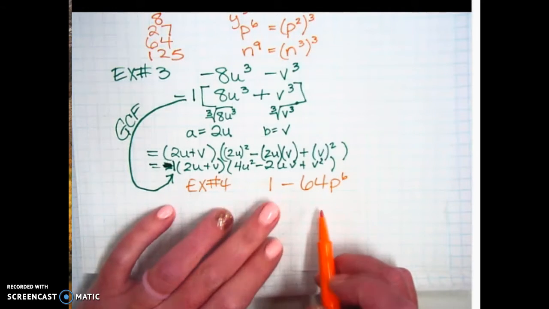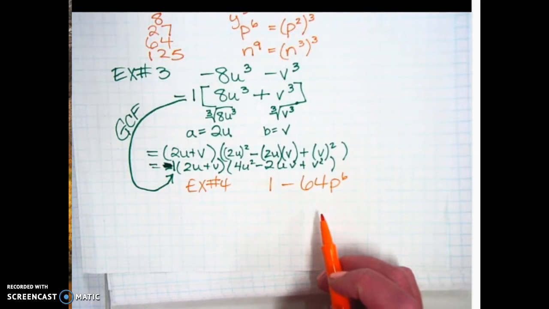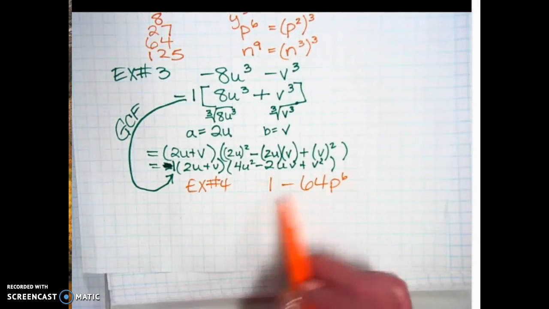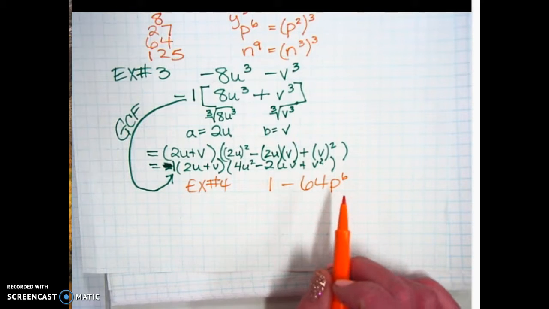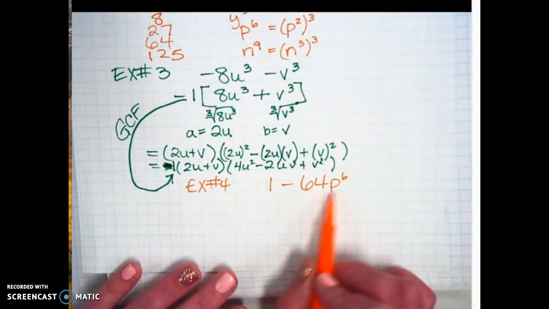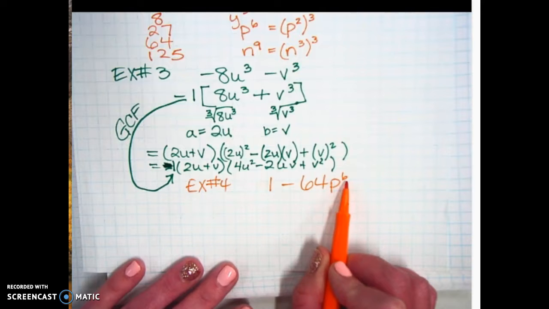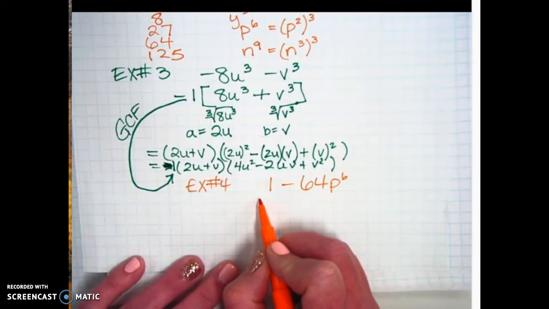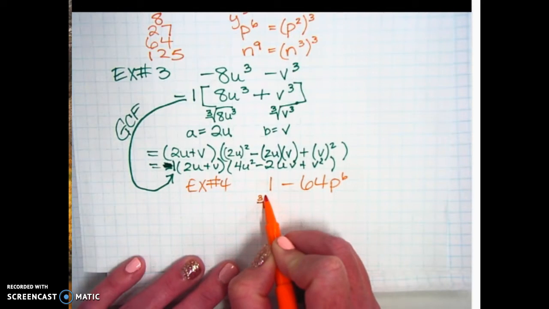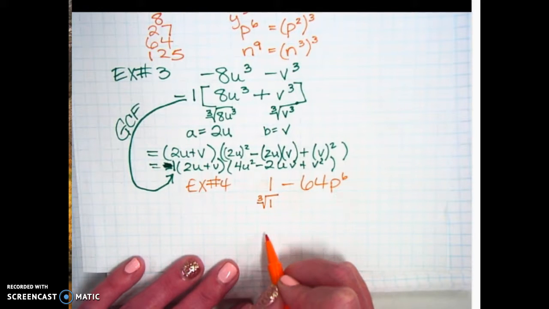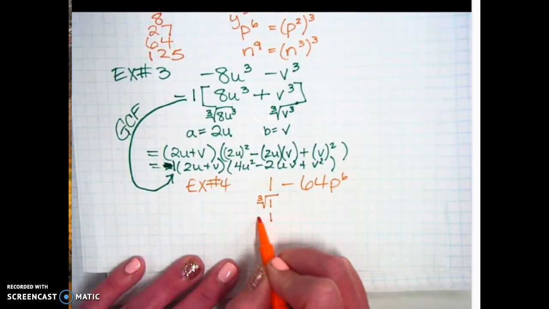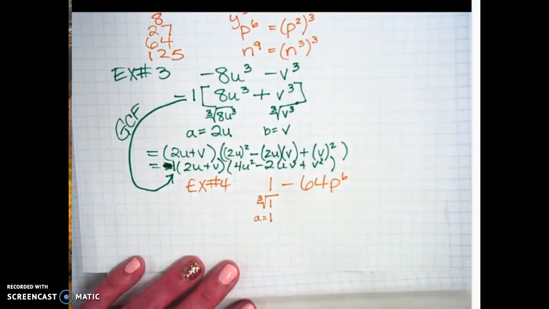And we have a 64 in there, so could it possibly be a square? Yes, but it's also a cube, and p to the 6th is a cube. So we need to take the cube root of 1, which is 1. So 1 becomes our a.